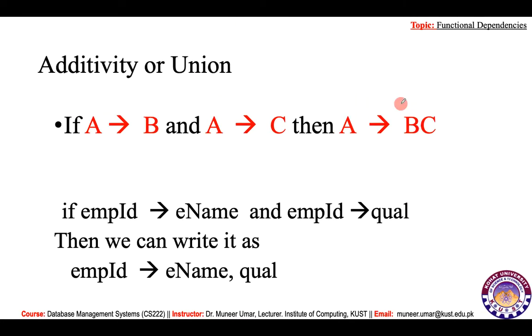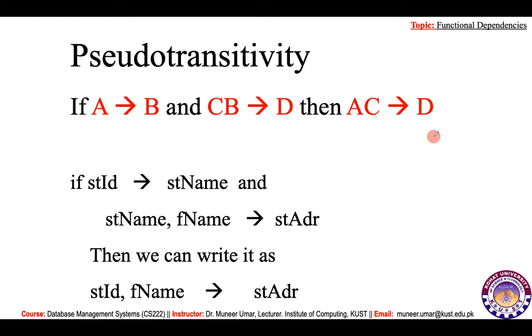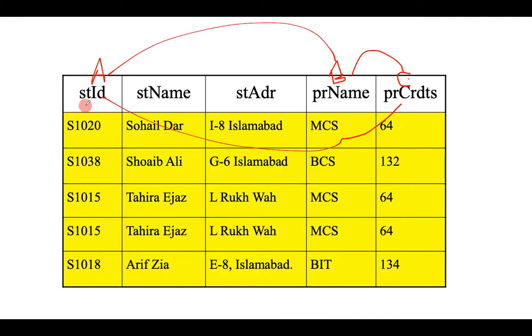After transitivity, we have additivity or union. So if A determines B and A also determines C, then A will determine BC. So according to this table, here student ID is determining the student name, and student ID is determining the student address.